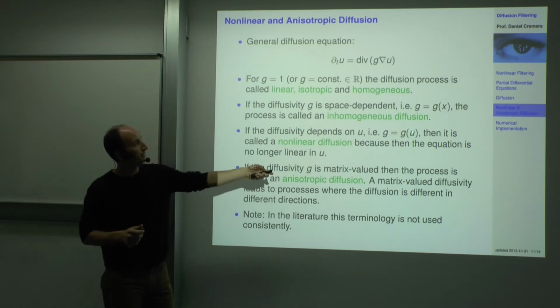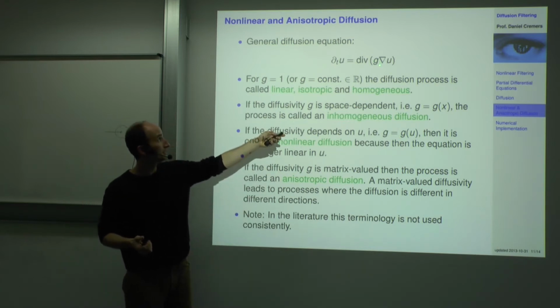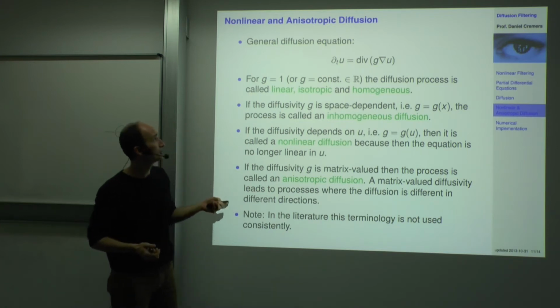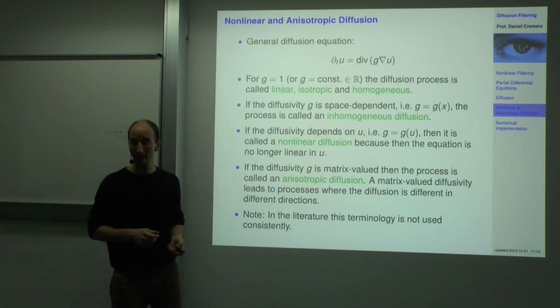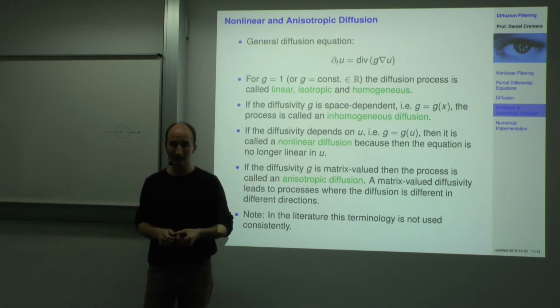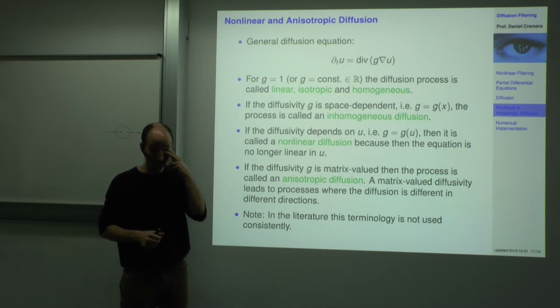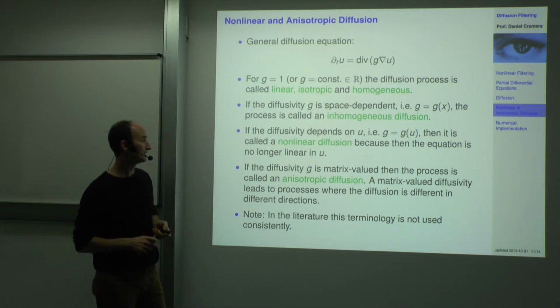If G additionally depends on u, it is conceivable that we have a diffusivity that actually depends on the current local concentration or some function of that concentration at that location, then it's called a nonlinear diffusion process. And I'll show you in a second examples of nonlinear diffusion processes and how you can do very nice image denoising with them.